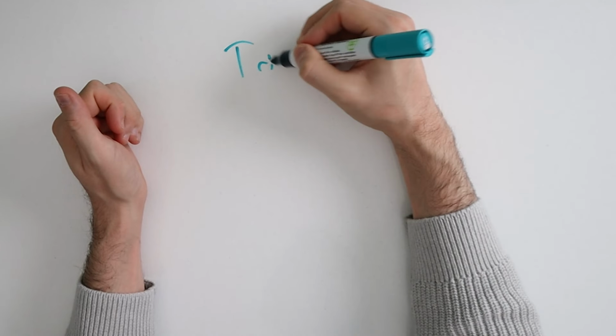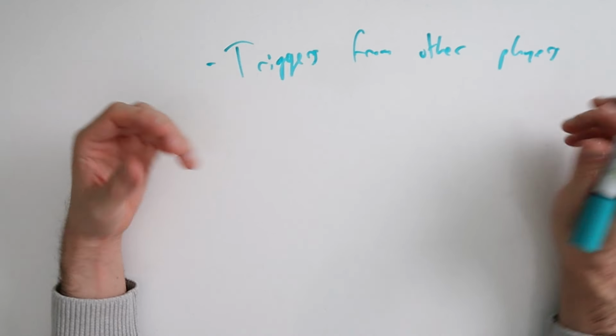Very positive player interaction is using triggers which are connected to other players. A company that makes games that do this really well is Stonemaier. Lots of their games have this type of interaction where you're building something up, and that thing is going to affect the player to your left and the player to your right.